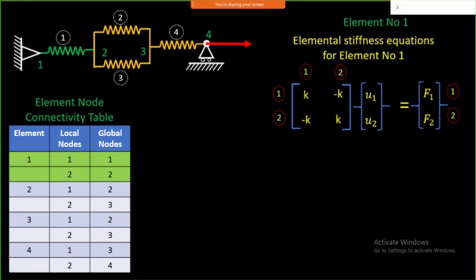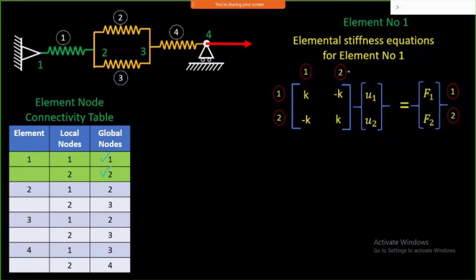Make sure that all the time you give the numbering for rows and columns, because this will be much more helpful when we assemble these elemental equations into the global equations. We need to give a connectivity for this. So here your connectivity table tells this is 1 and 2.